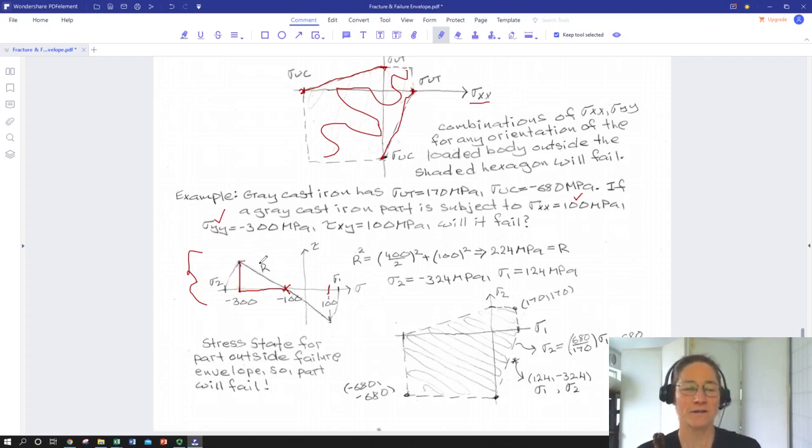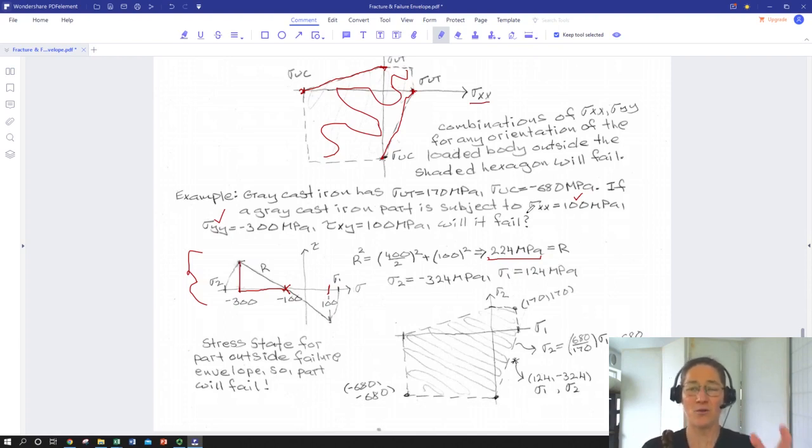So our radius of our Mohr circle is 224 megapascals. If we take negative 100 and subtract 224, that gives us our max compressive stress. So that's our principal compressive stress, negative 324. And our max tensile is 124.